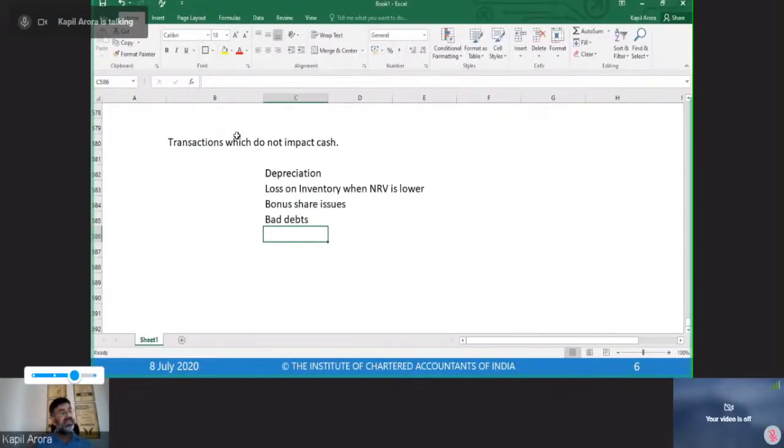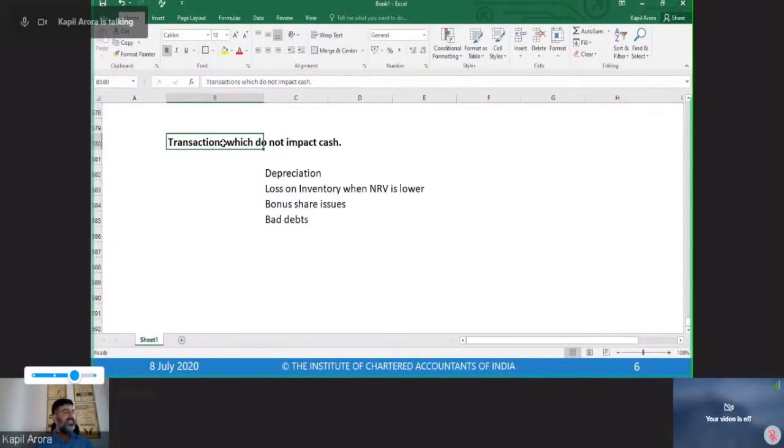Yes, Jagriti, bad debt is fine. Withdrawal of cash has some sort of cash movement, but that would impact my cash and cash equivalent. Here, the transactions are those which do not have cash involved at all and will never come in the cash movement.